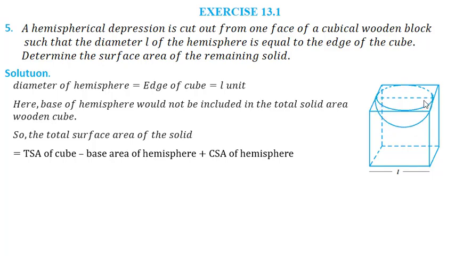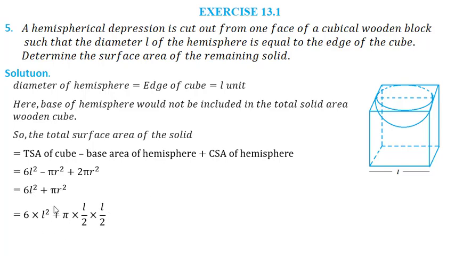You can imagine the wooden box with a hemispherical cut and imagine what different areas you can see. So the total surface area of the cube is 6L square, the base area of the hemisphere is pi r square, and the curved surface area of the hemisphere is 2 pi r square. So this gives me the result as 6L square plus pi r square.